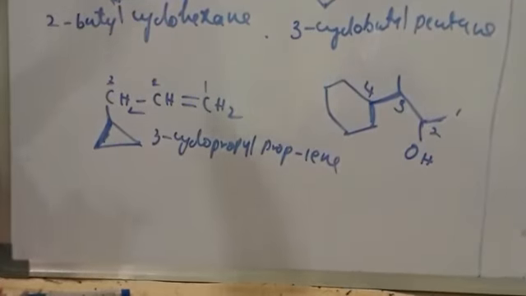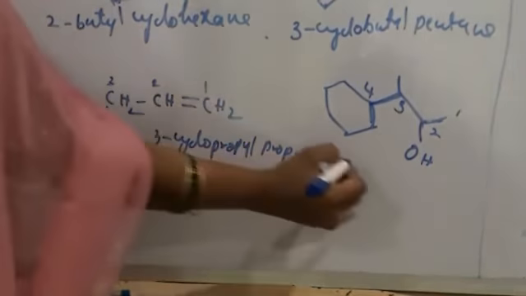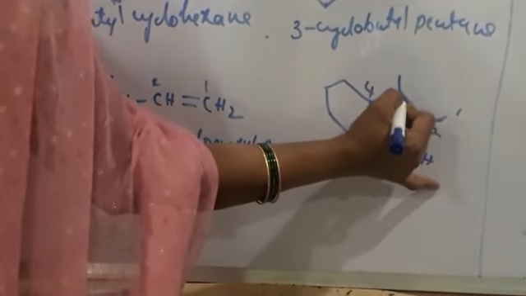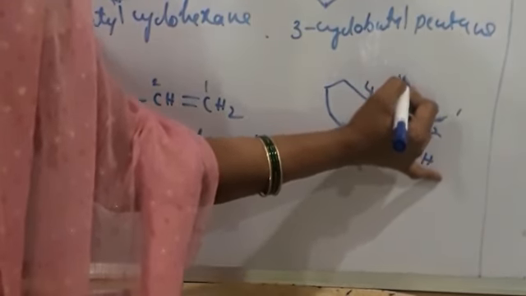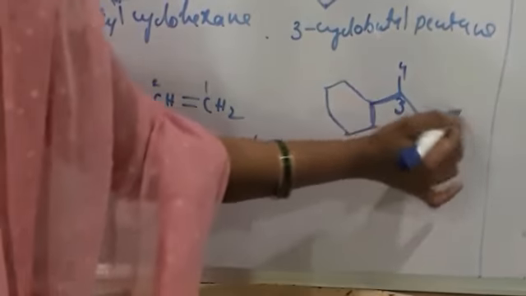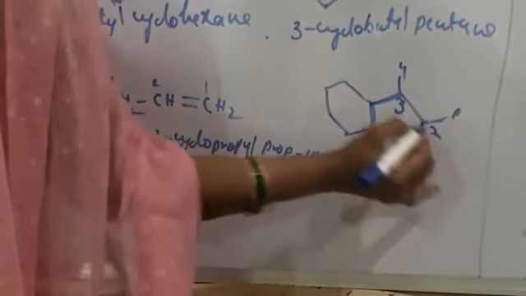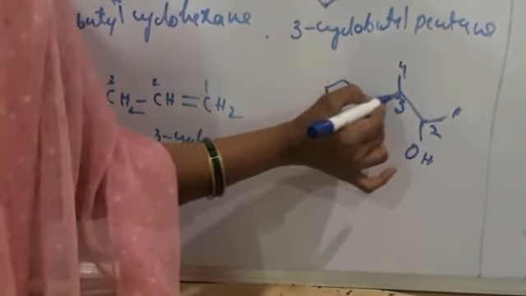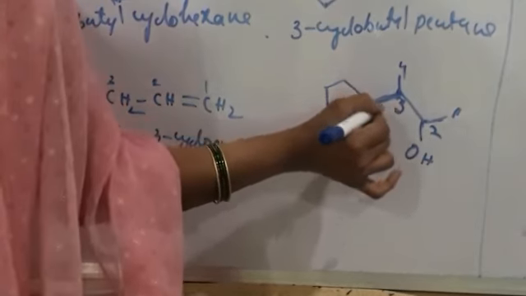So we can write it as 4-cyclohexyl butan-2-ol. Actually, the substituent is at the third carbon, so 1, 2, 3, 4. This is the main chain and this one is the substituent. At the third carbon a substituent is there.